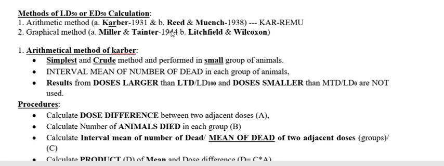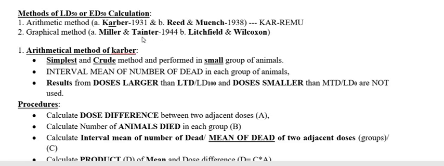So one is the graphical method of Miller and Tainter for LD50 calculation, and another is the graphical method of Litchfield and Wilkinson for calculation of LD50. So this is about the methods for LD50 calculation.